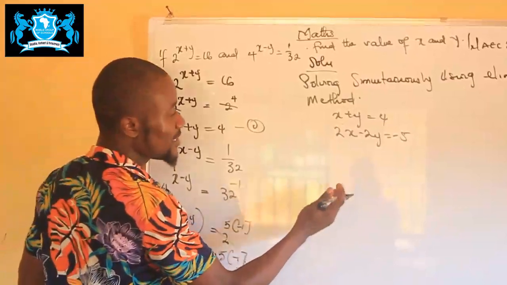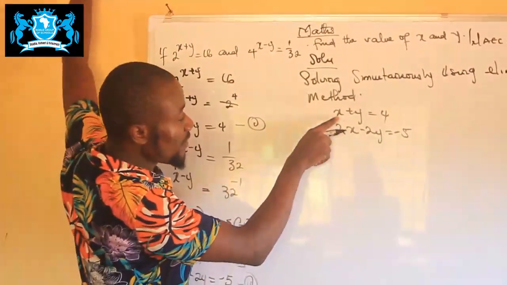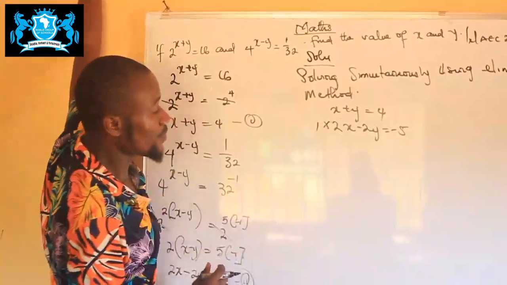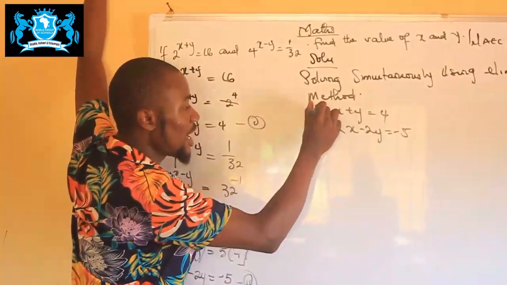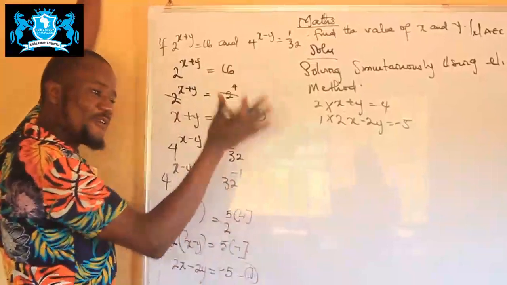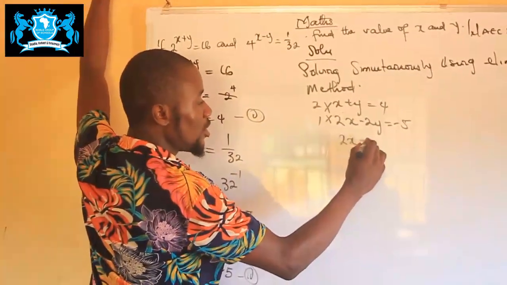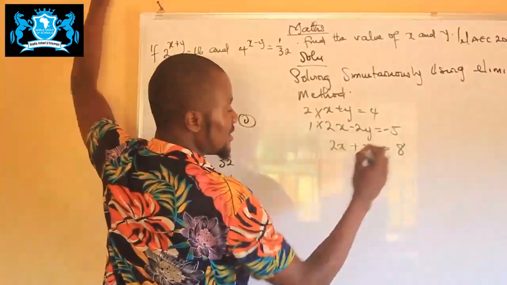I will say what is the coefficient of x in equation 1. The coefficient of x in equation 1 is 1. You use it and multiply equation 2. And the coefficient of x in equation 2 is 2. You use it and multiply equation 1. You just invert them. So we say 2 times x is 2x plus 2 times y is 2y is equals to 2 times 4 is 8.